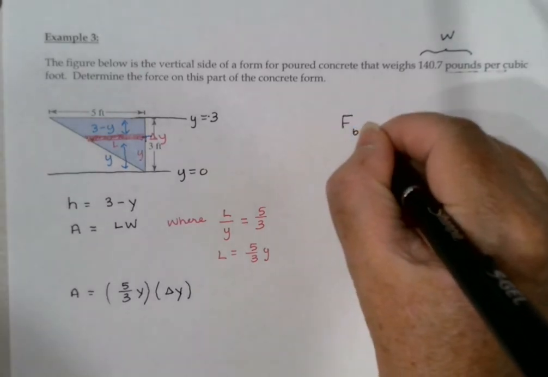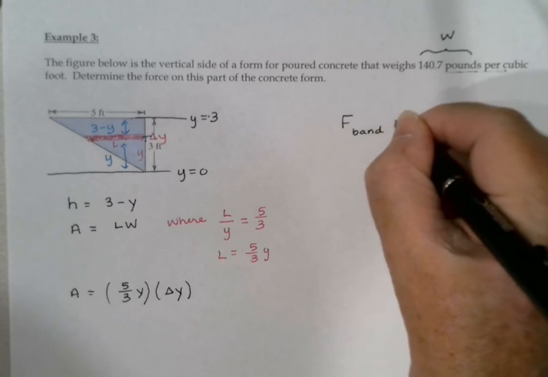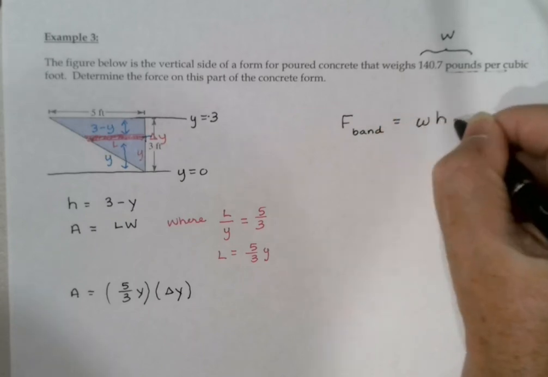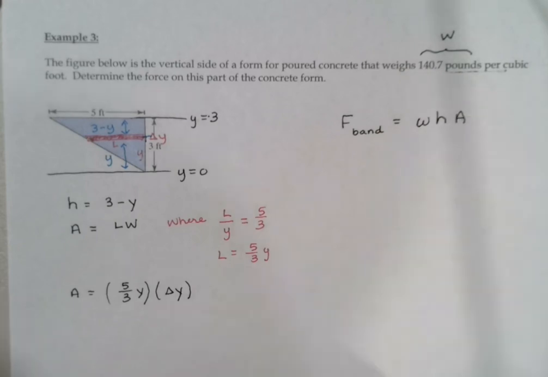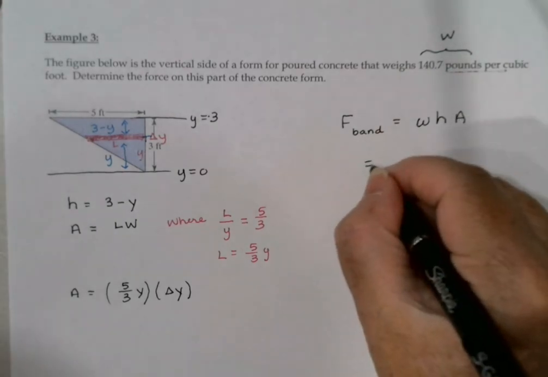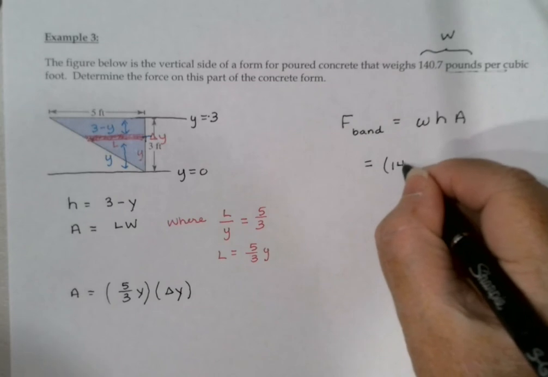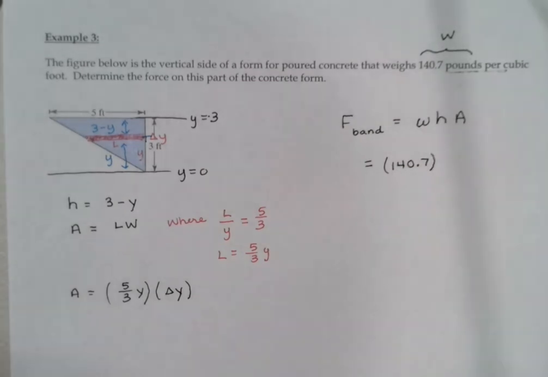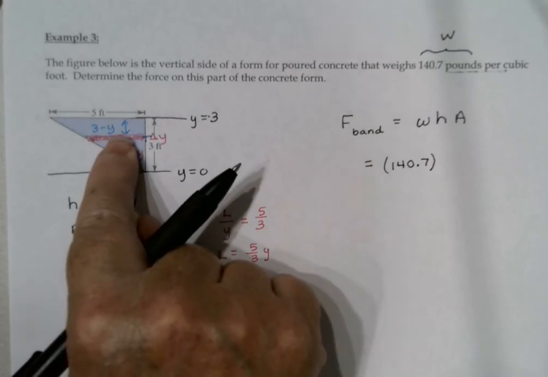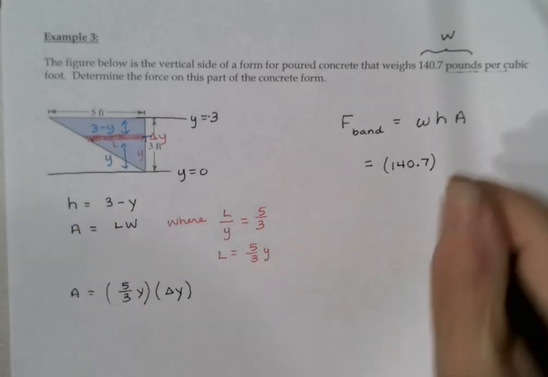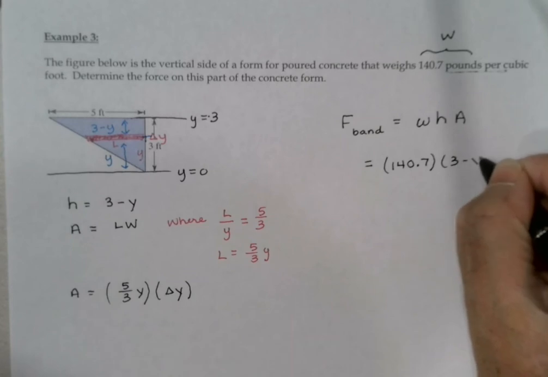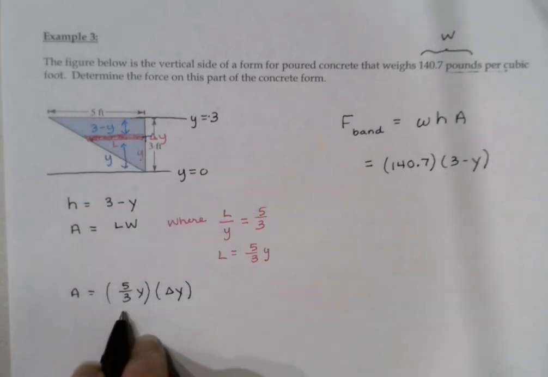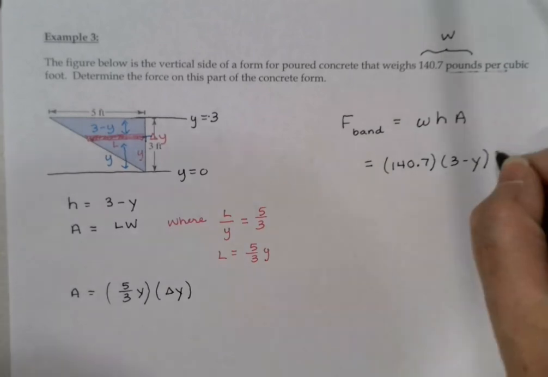The force then on that thin band is weight density times depth times area. They gave us the weight density, 100.70 pounds per cubic foot. The depth, as I already wrote down, was 3 minus y. And the area of that little strip, 5/3 y, delta y.